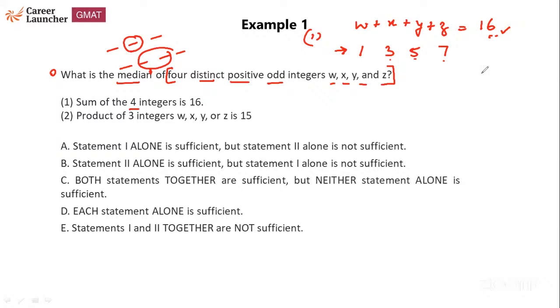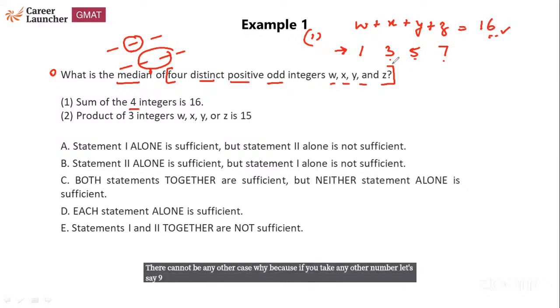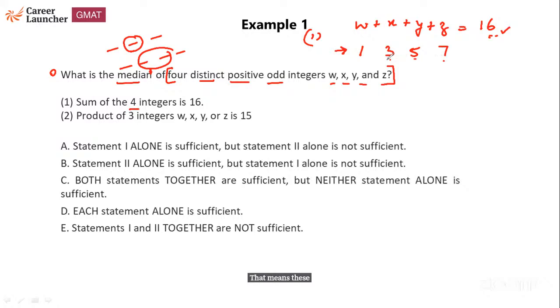These are 4 all different, positive, odd integers. There cannot be any other case. Why? Because if you take any other number, let's say 9, the sum will not be 16. That means these are the 4 integers which are all different, odd, and positive. The median can be easily calculated. The middle 2 values, that is 3 and 5. First statement, alone sufficient.